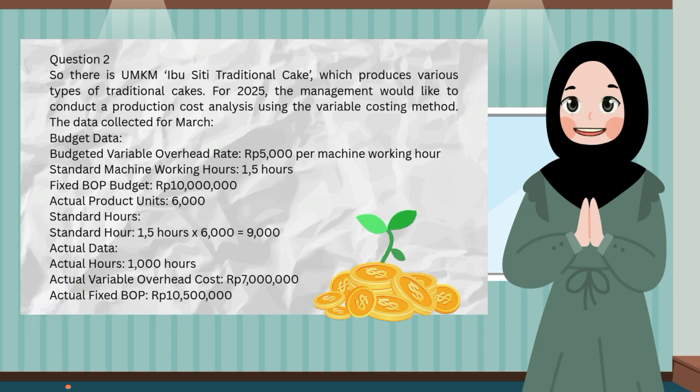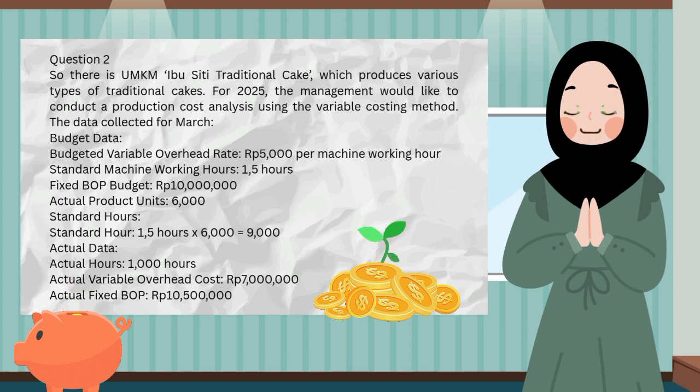First, budgeted variable overhead rate is 5,000 rupiahs per machine working hour. The second, standard machine working hours is 1.5 hours. The third, fixed BOP budget is 10 million rupiahs. And the last for the budget data, actual product units is 6,000.